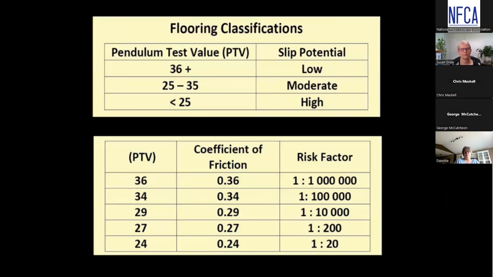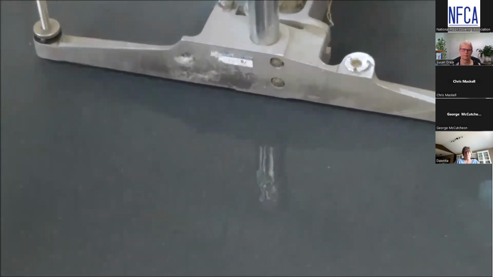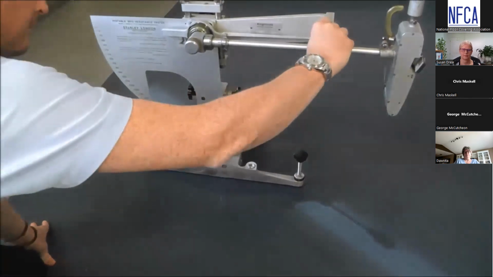A pendulum test value of 36 plus gives a statistical value of 1 in a million chance of slipping on that surface, which is the minimum requirement for the HSE and UK Slip Resistance Group to be classified as a safety flooring.